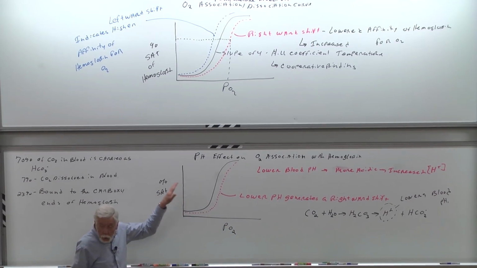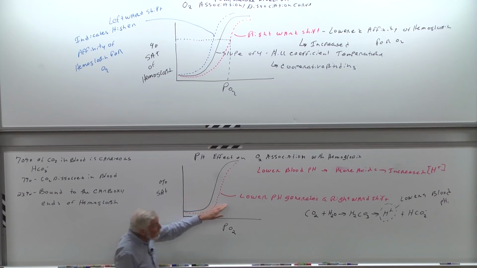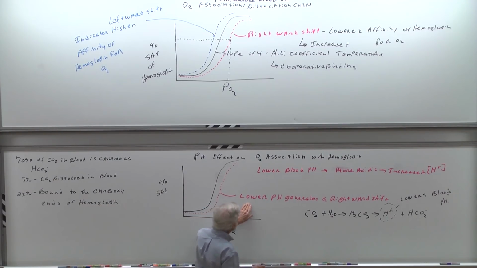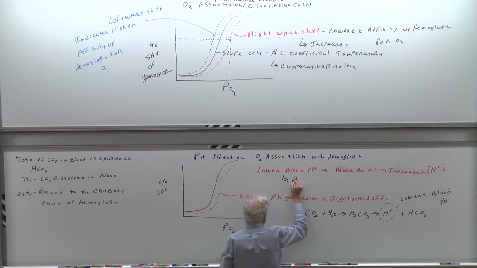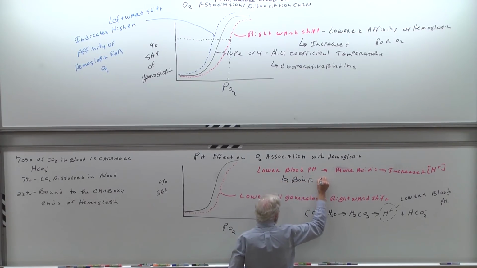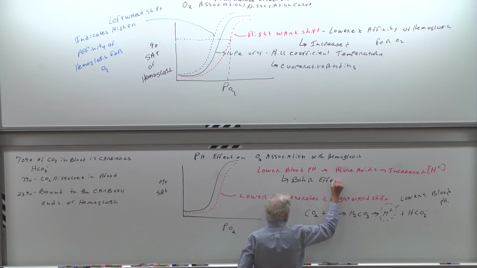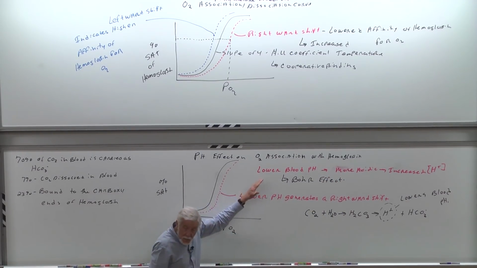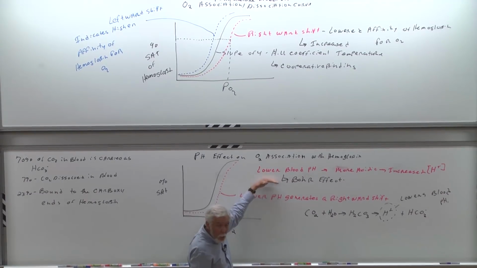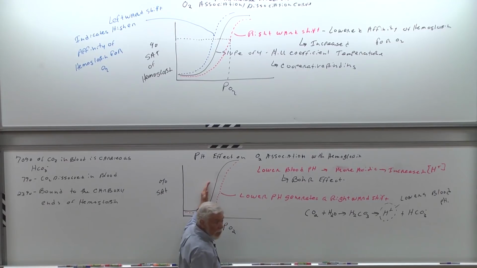This rightward shift that results from lower pH has a name. It's called the Bohr effect. And the Bohr effect, in its simplest version, simply says if we lower the pH around the hemoglobin, it is more likely to give up its oxygen.